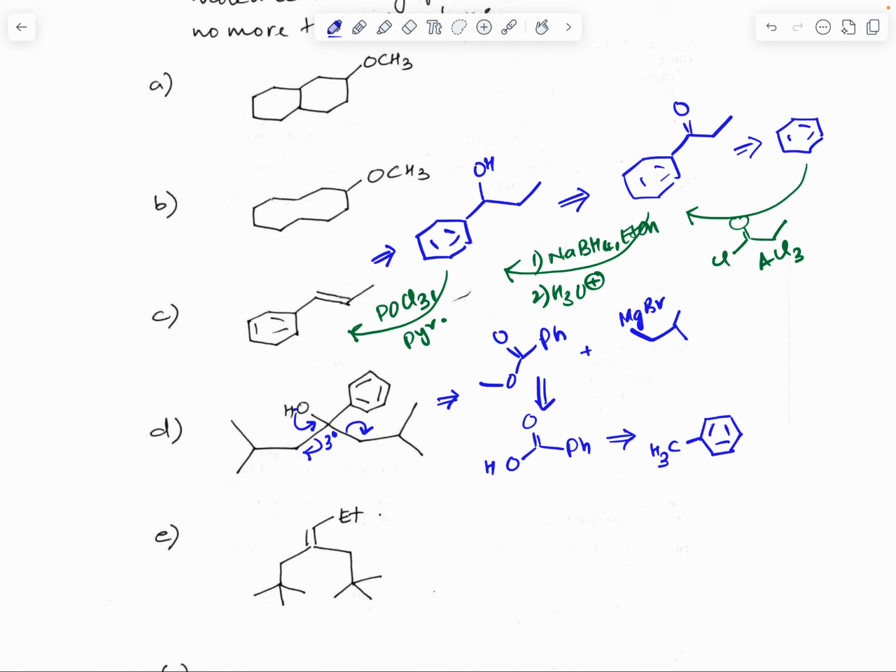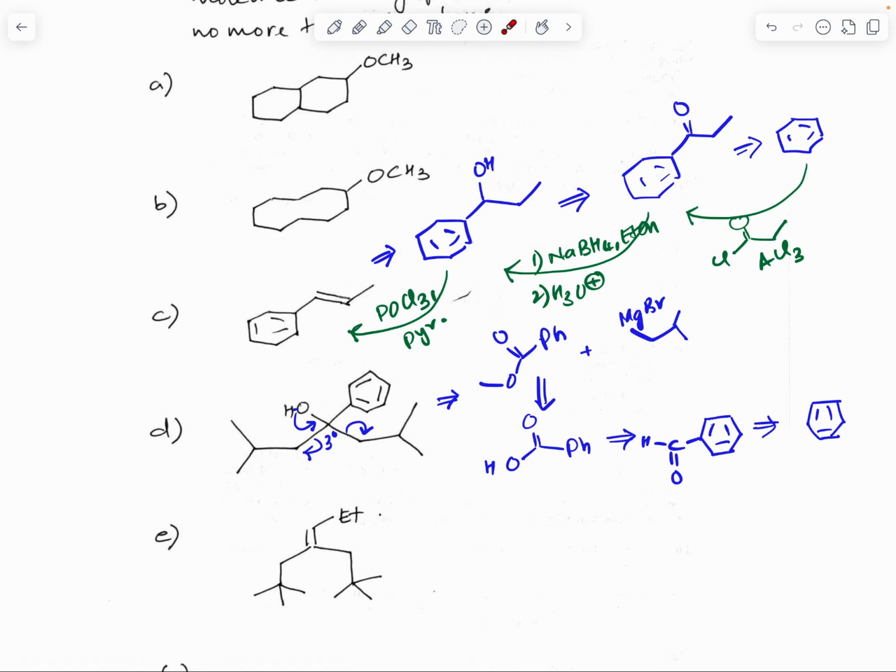It's not the cleanest reaction, or you can go cleaner by, instead of toluene, making a CHO, a C double bond OH, a formaldehyde, and that would be a very clean reaction because the Gattermann-Koch formylation introduces this group to this. So we'll just use that methodology.